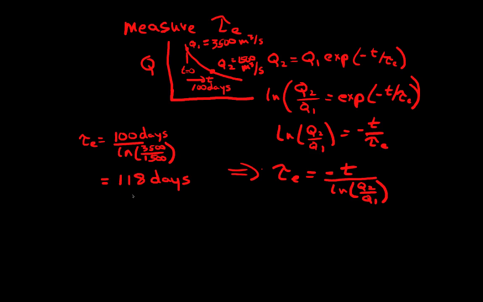Now, at this point, I'll pose the question, and you can test yourself whether you understand what we've done so far. The question is, what is the base flow from this stream given these numbers of discharge and time constant, and calculate it yourself.